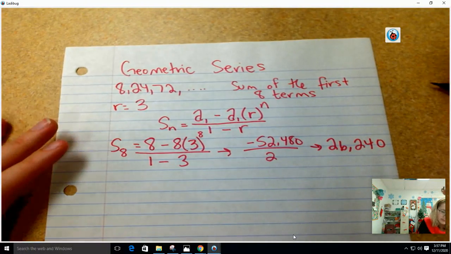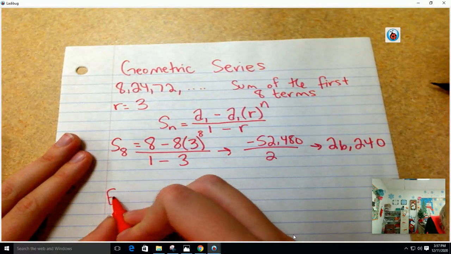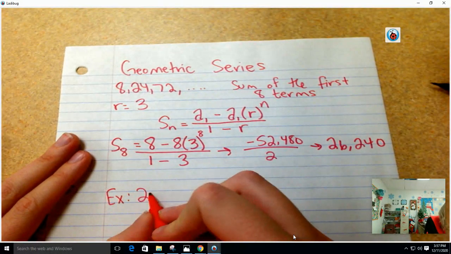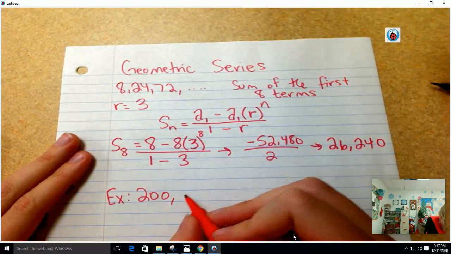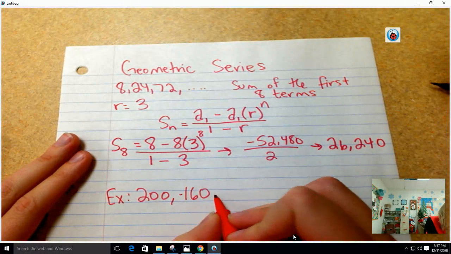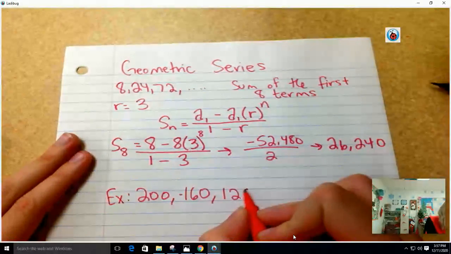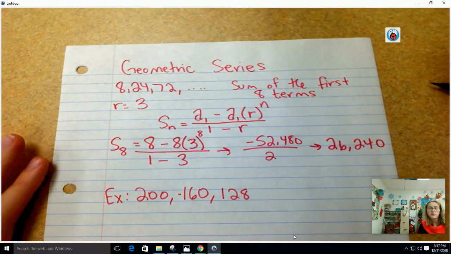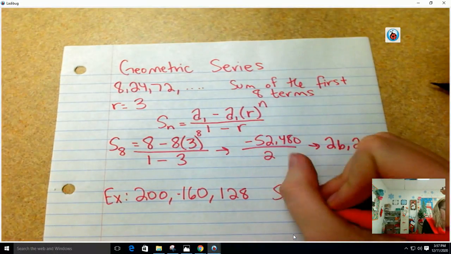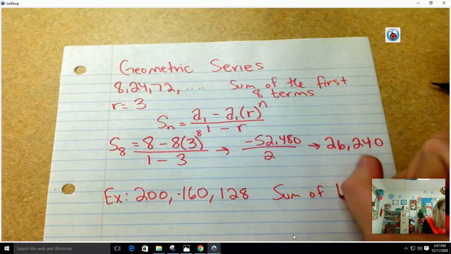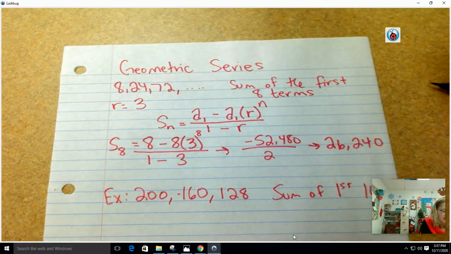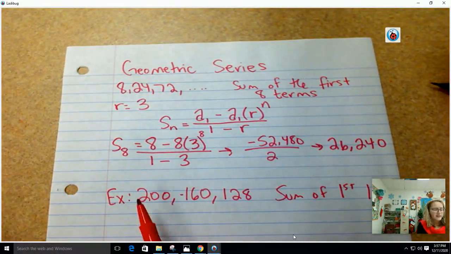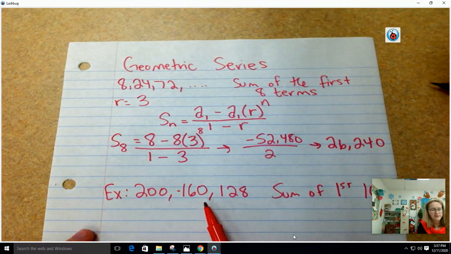Alrighty, another example for that one, where it can look a little bit different, is going to be 200, negative 160, and 128. So this one, we want to find the sum of the first 10. Off the top of my head, 200 times what equals negative 160?